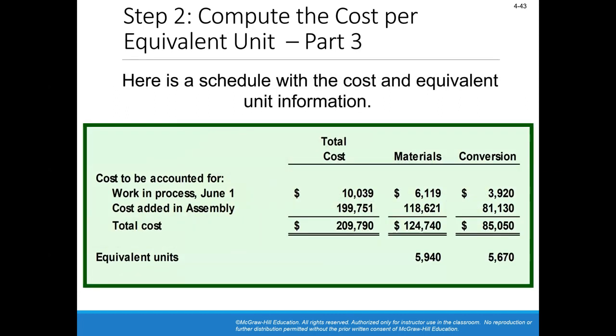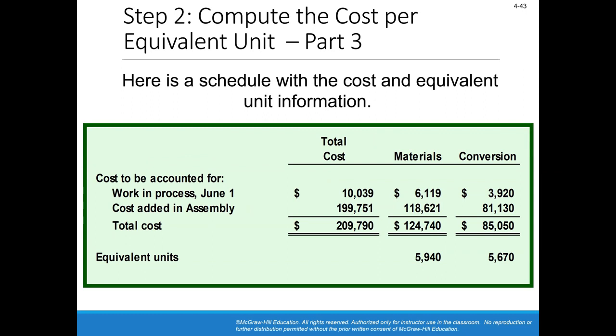All right, so let's go back to the example we've been working with. We did the units, now we're going to look at the costs. We have our work in process on June 1. We have our material and conversion costs broken out and then added together for $10,000. And then we have the cost that was added to the assembly during the month of June.